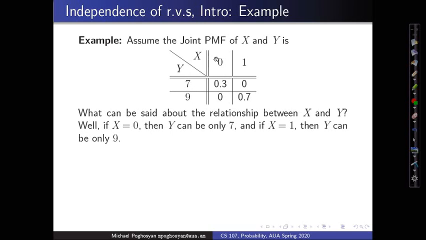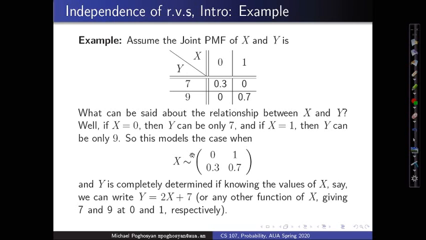And if I know that x is 1, then y can be only 9, because the probability that y will be 7 and x will be 1 is 0. So knowing the value of x gives complete information about the value of y.